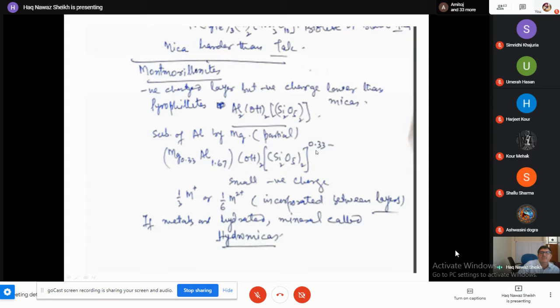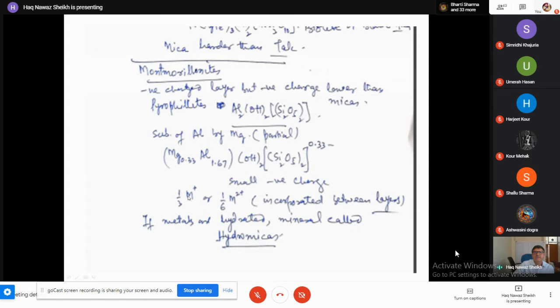Because of the substitution of the aluminum by magnesium, this becomes slightly less positive, and therefore the silicate also becomes less negative. So a small negative charge is on the silicate layer.